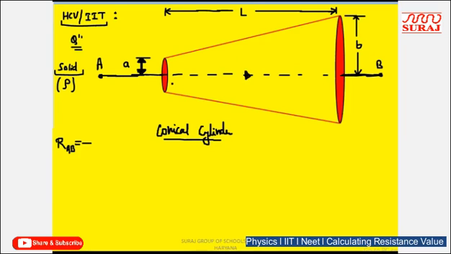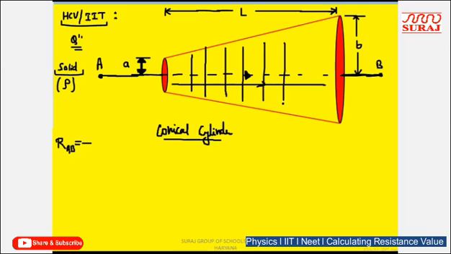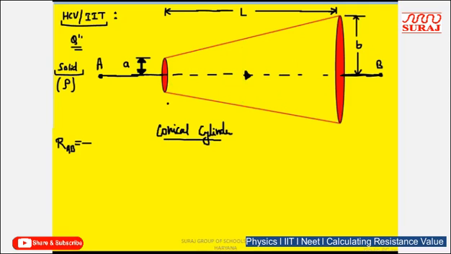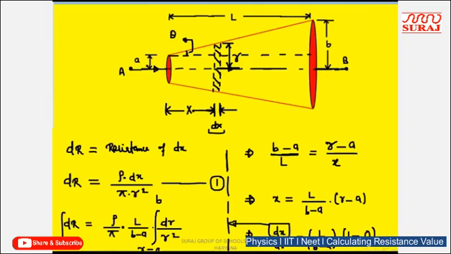So as you move from A to B, you will find that the area of cross section is actually changing. It means for variable parameters, we have to take help from integration only. No other options we have. So we have to consider something. I have considered a dx thickness at distance x from this smaller cross section of radius small r.